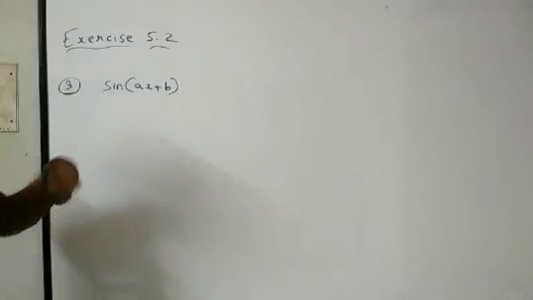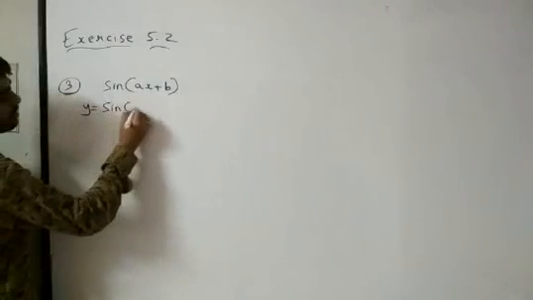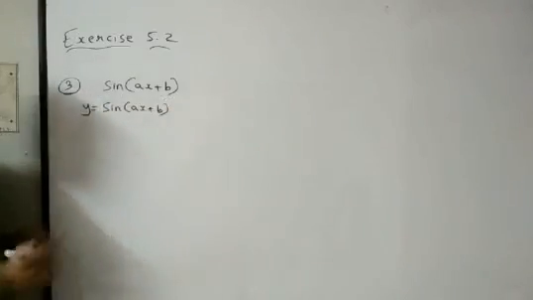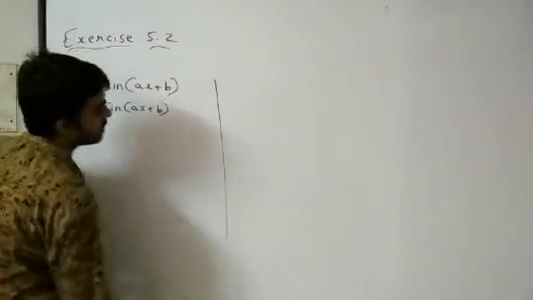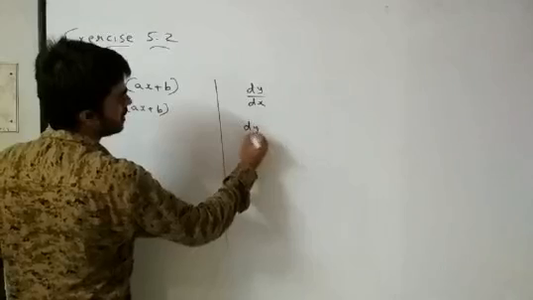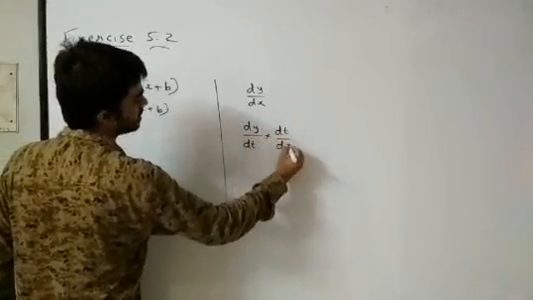So how will we find it? Let us assume that this function is equal to y. Now we want to find dy by dx. How do we find dy by dx? By the chain rule, that is dy by dt into dt by dx.